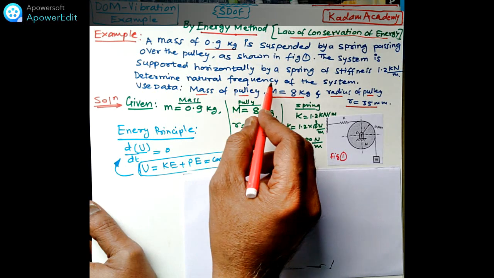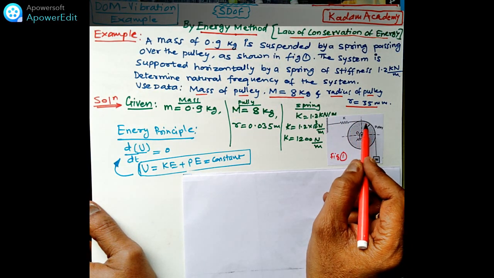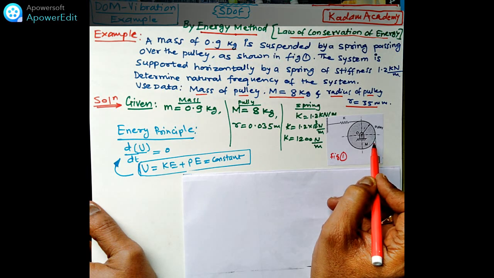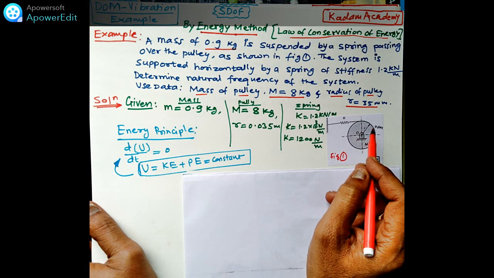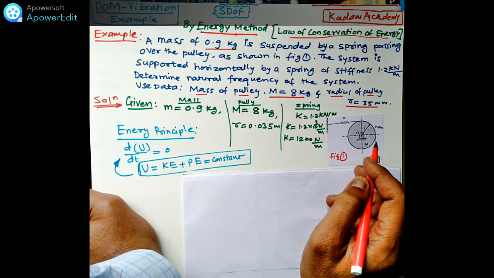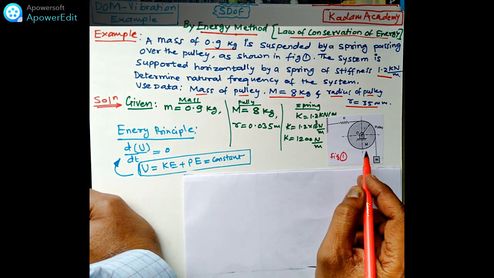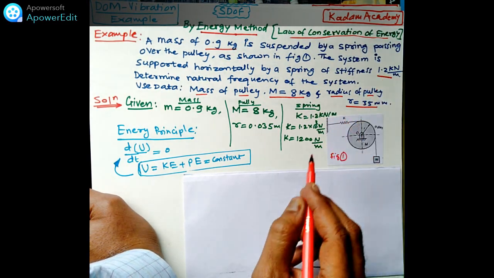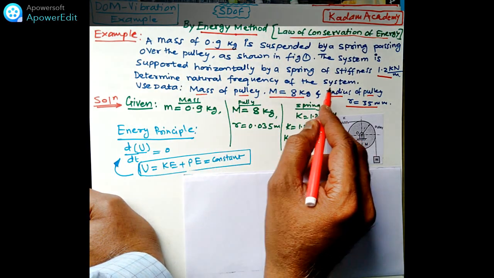The system is supported horizontally by a spring. The spring is horizontal, and through the string it is connected with the mass over this pulley. The stiffness of the spring is given as K = 1.2 kilonewton per meter. Determine the natural frequency of the system.